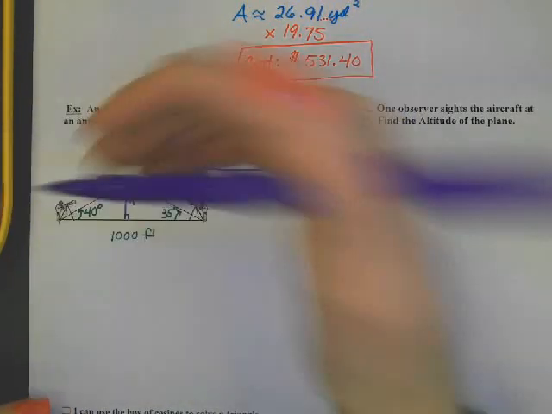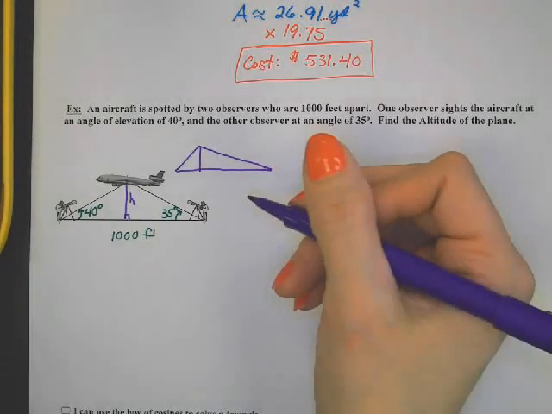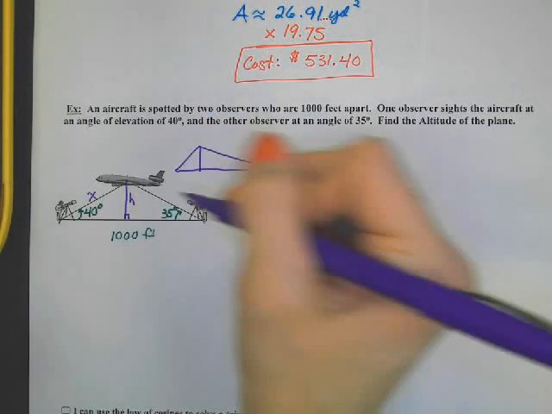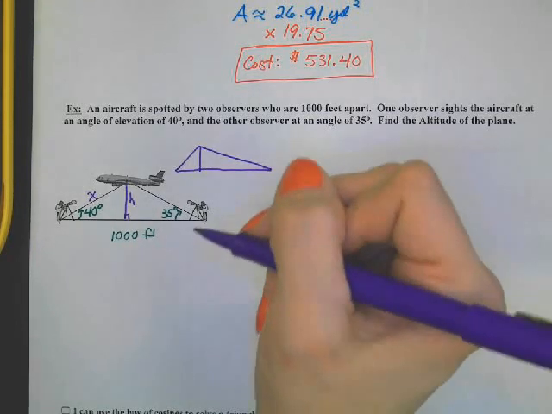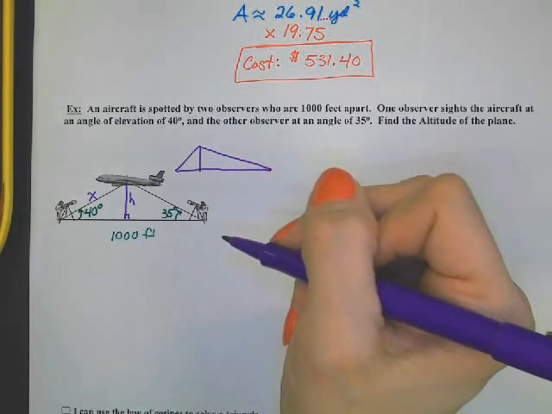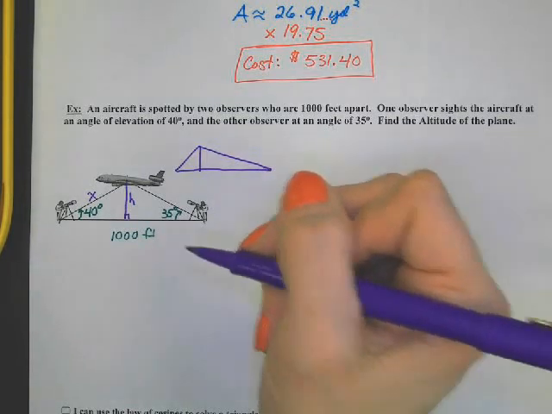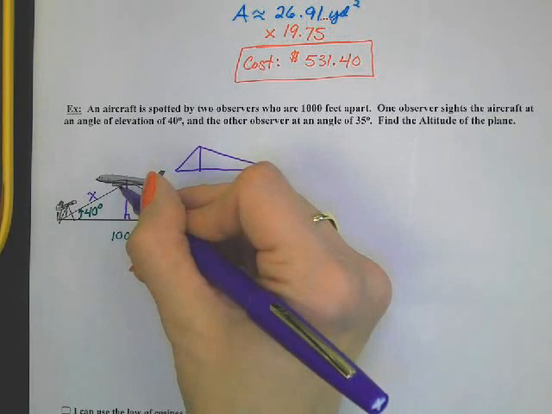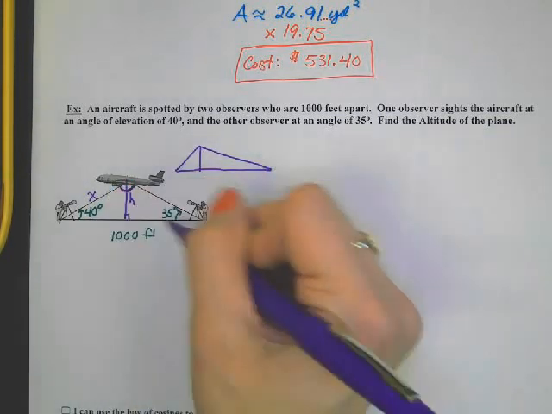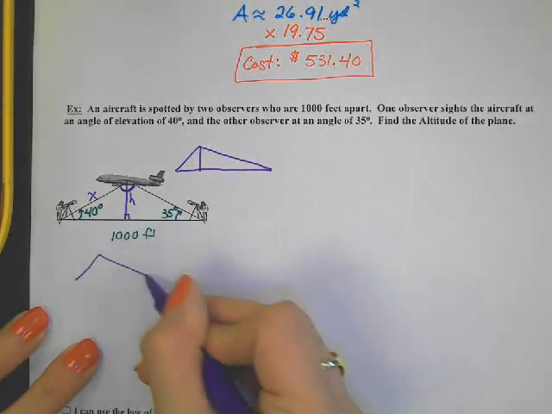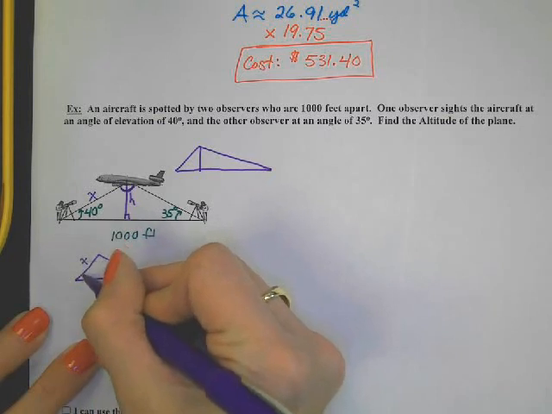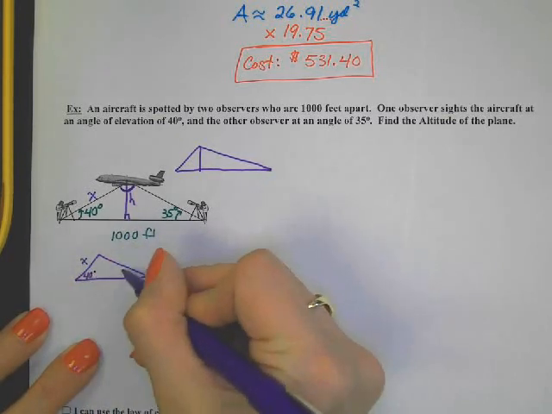So it doesn't matter, but let's pick a side. I'm going to find this side right here and call it x. Okay, so what I'm going to do is make an equation. And I'm going to need to know this top angle up here. I'm using the big triangle. In fact, I'm going to draw a big triangle so it's clear what I'm doing. I'm finding x. I know 40.